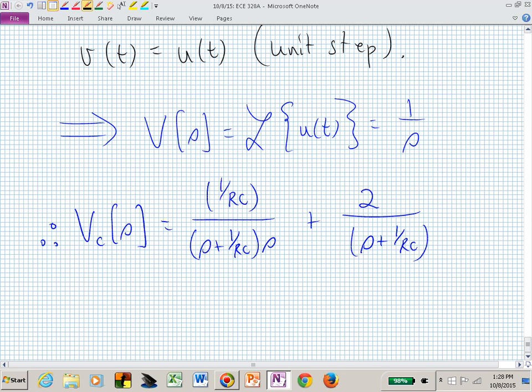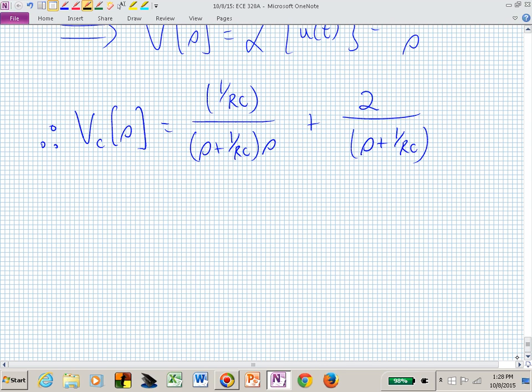That means we're trying to find little v sub c of t. How do we find that from this expression? What strategy did we use to take this into the time domain? Was there any kind of partial something? We did a partial fraction expansion, didn't we?